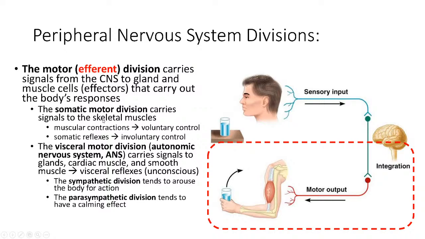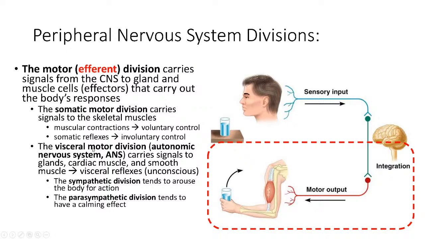Just because the somatic motor division allows you to consciously control muscle doesn't mean that all skeletal muscle movements will be voluntary. You have somatic reflexes, which you cannot control. And then there are also neurological disorders which cause spasms and twitching that you are not consciously initiating in the skeletal muscle.